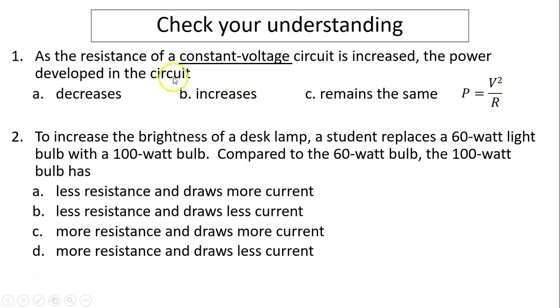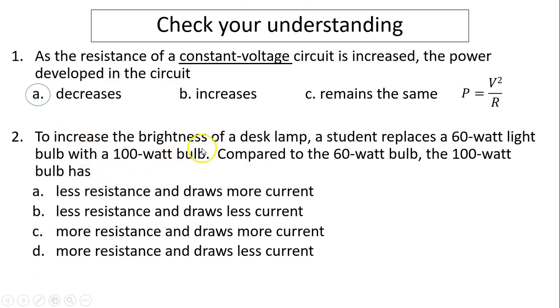This is because it tells us the voltage is constant. So if you want to find a relationship between P and R, the other quantity has to be constant. So the quantity that's constant is voltage. That's why we choose this equation. P and R are inversely related. So if R increases, P has to decrease.